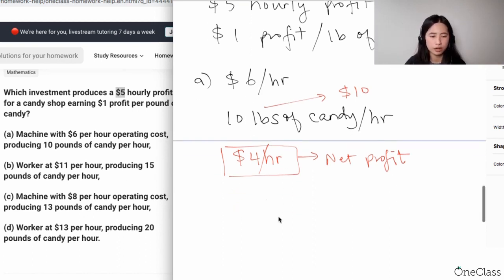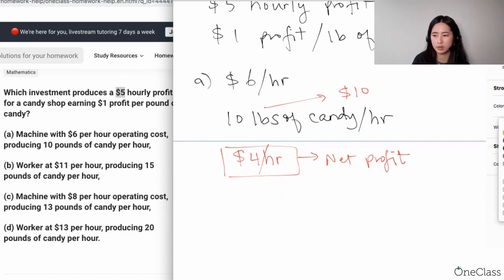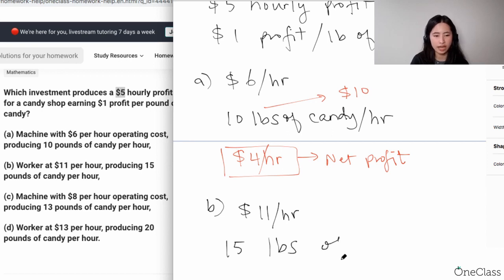Now moving on to part B. They're saying that you have a worker at $11 per hour producing 15 pounds of candy, so 15 pounds of candy per hour. Great. So you have 15 pounds, that means it's $15. How do I know that this is $15?